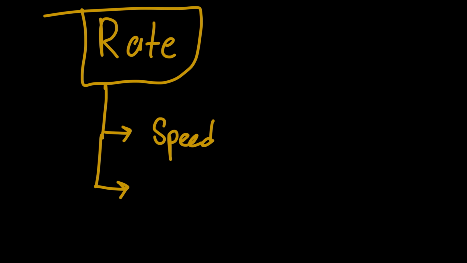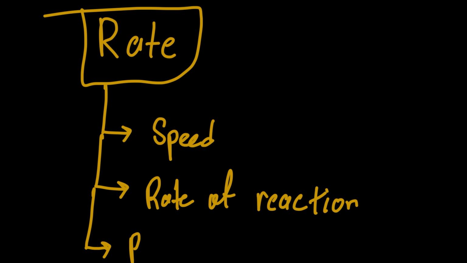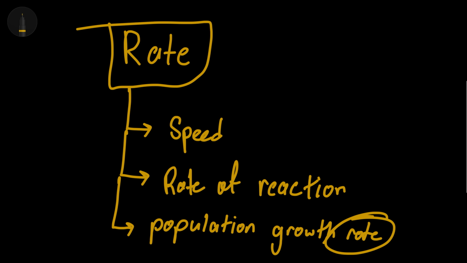Before we start with anything, we need to define what a rate is. Things that are rates could be speed, that's a type of rate. There's rate of reaction in chemistry. There's population growth rate. All of these are rates. And what do they have in common? Well, let's see.